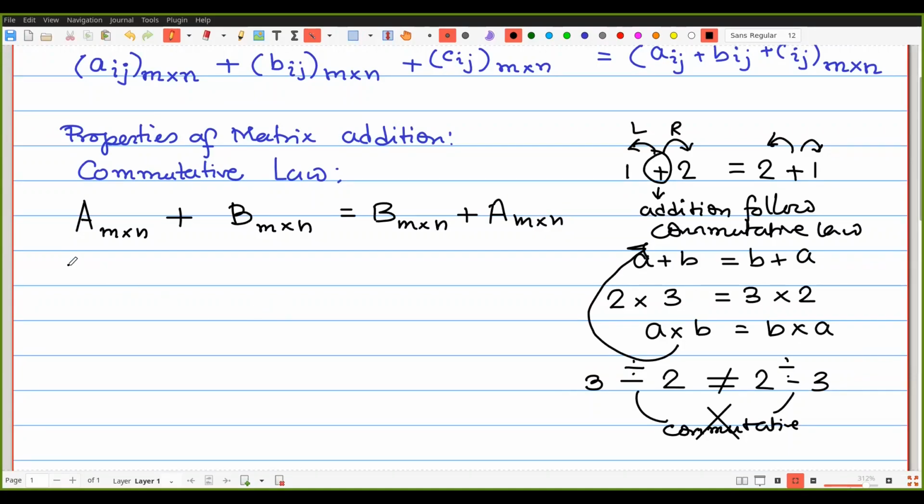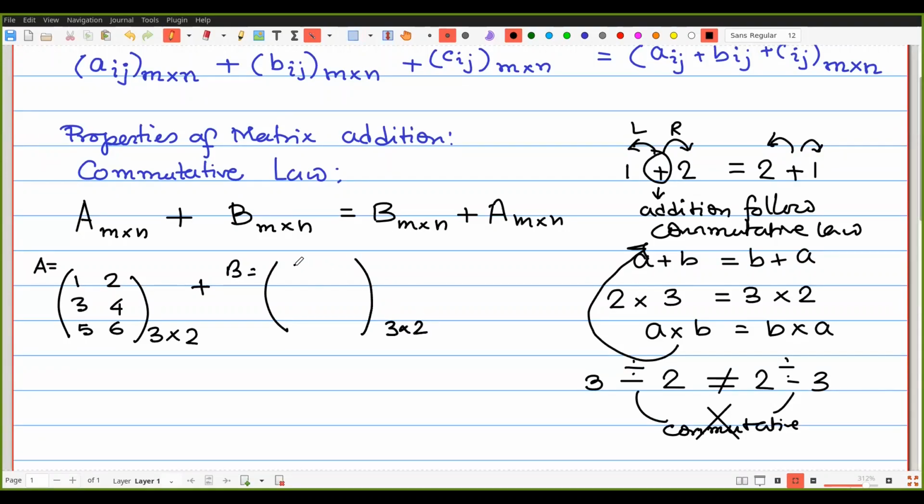Okay, let's check one. Suppose we have a matrix A of order 3 cross 2 with elements 1, 2, 3, 4, 5, 6, that means 3 rows, 2 columns. And we add B, which once again has to be the same order, 3 cross 2, suppose 10, 20, 30, 40, 50, 60.